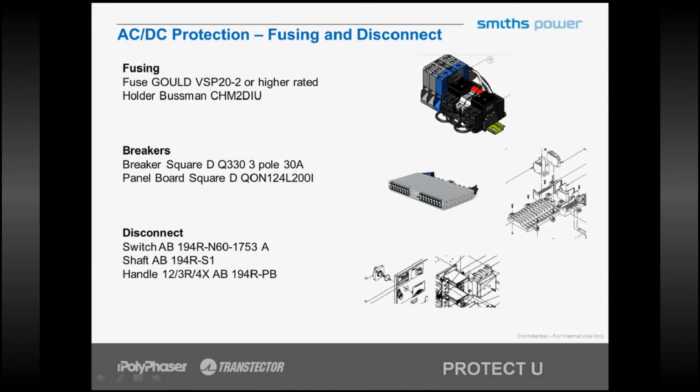In this AC and DC environment, we're talking about fault conditions that may be present, and the fusing is intended to remove the surge protection devices from the fault condition for safety and proper operation.